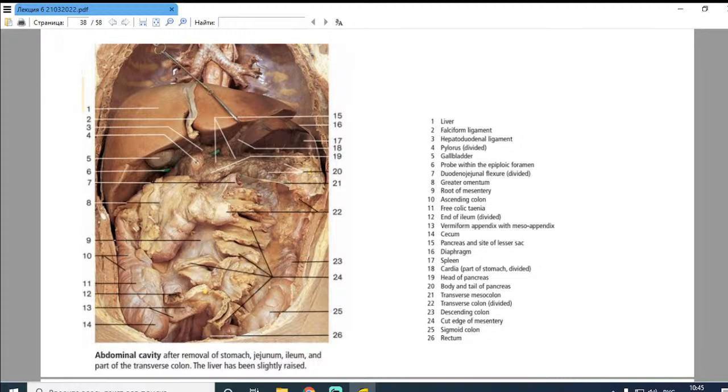You see the abdominal cavity and greater omentum, and you see this is the cut edge of the mesentery.